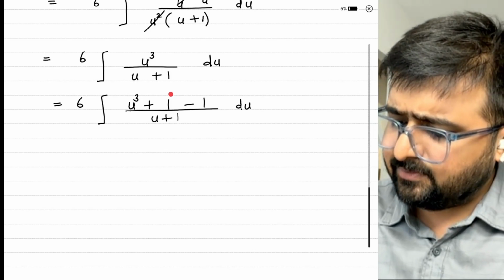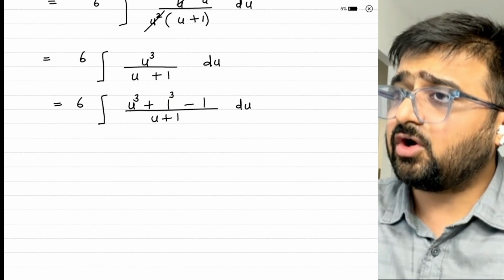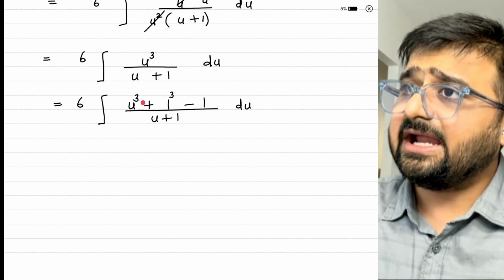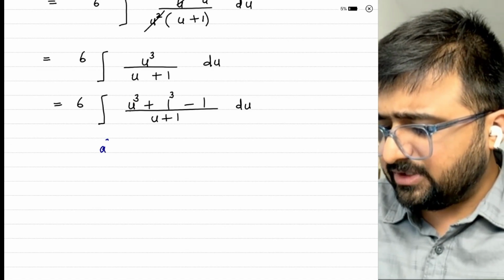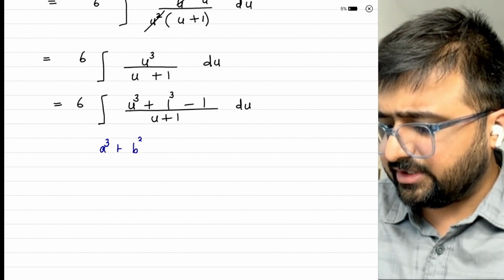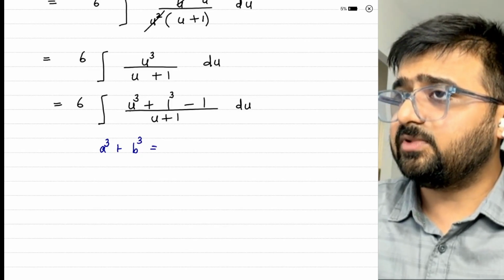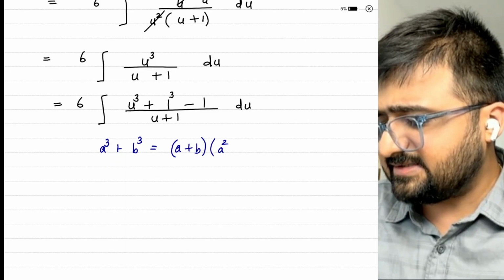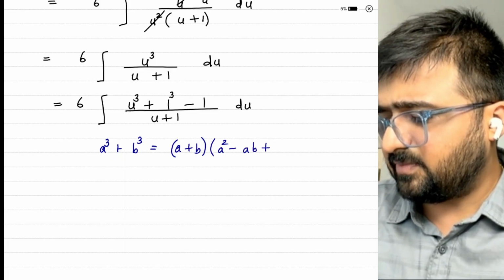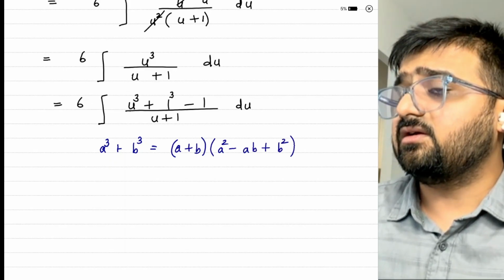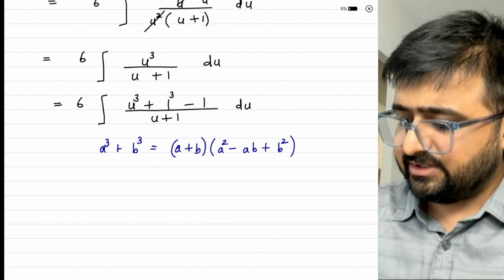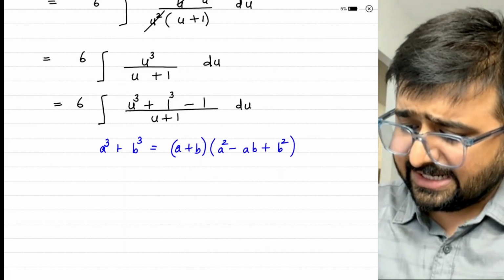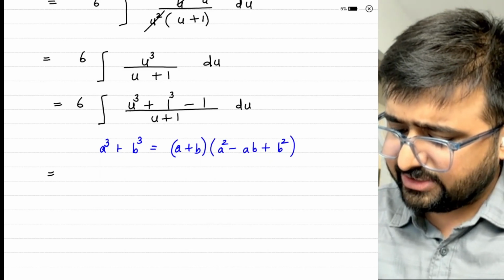Because this 1 can be thought of as 1 cube, and then I can apply the a cube plus b cube formula. We know that a cube plus b cube is nothing but a plus b times a square minus ab plus b square. If I use that result over there, I can cancel something which is extremely important.